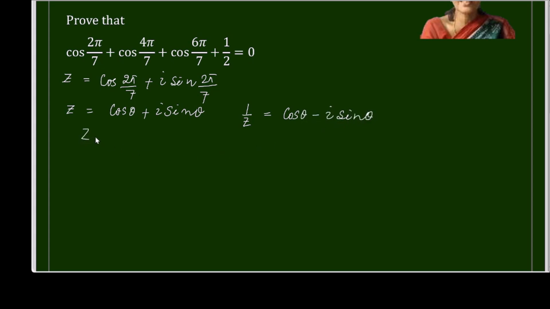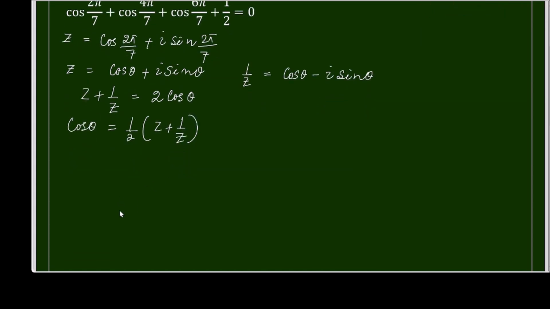So z plus 1 by z, certainly it will be twice cos theta, because negative and positive i sin theta will be cancelled. So cos theta equals half of z plus 1 over z.